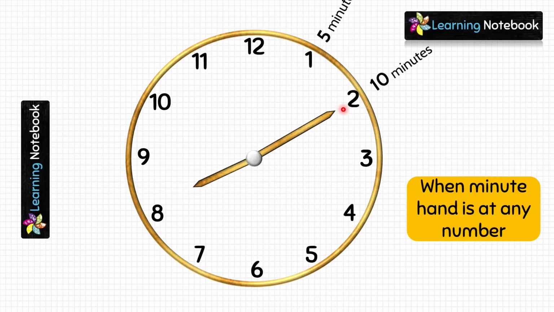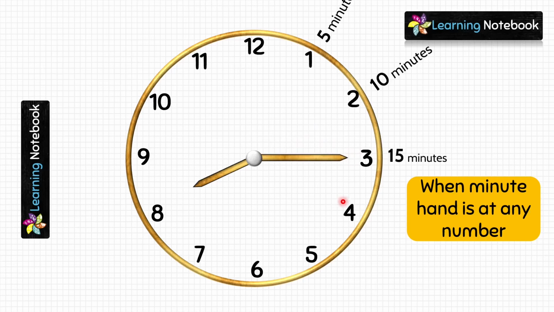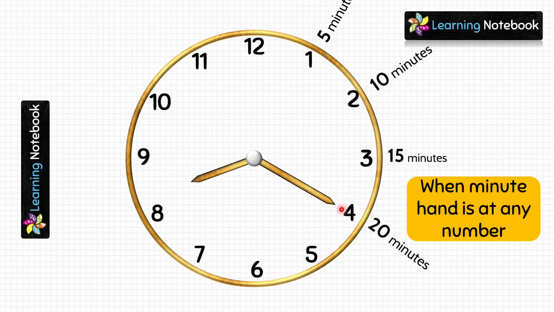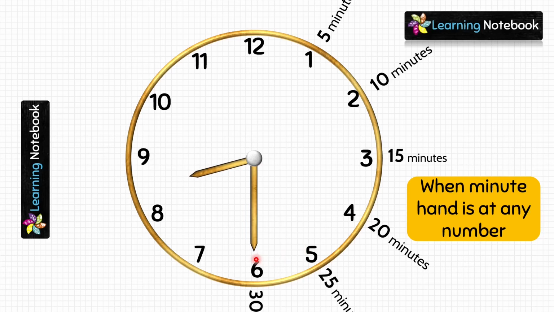Similarly, total time to move from 12 to 3 is 15 minutes. Then time to move to 4 is 20 minutes. Time to move to 5 is 25 minutes. Time to move to 6 is 30 minutes.